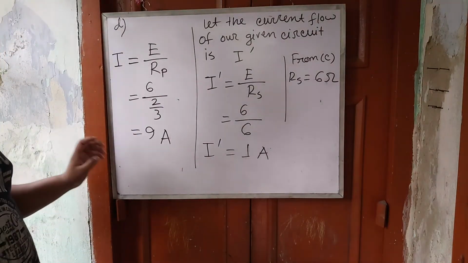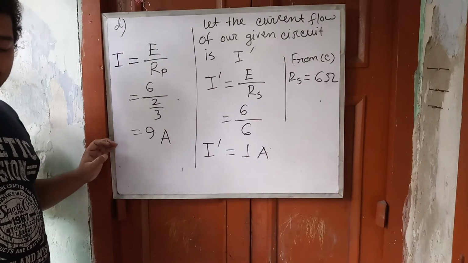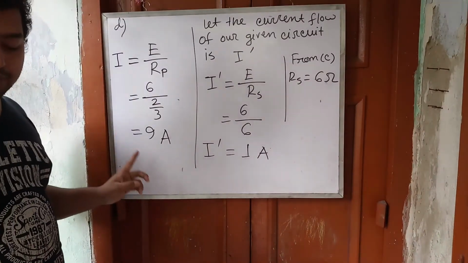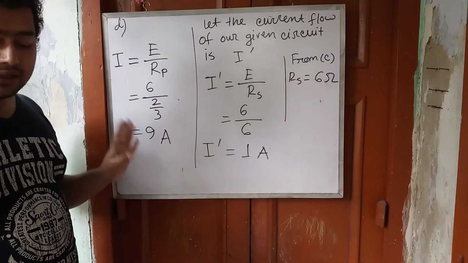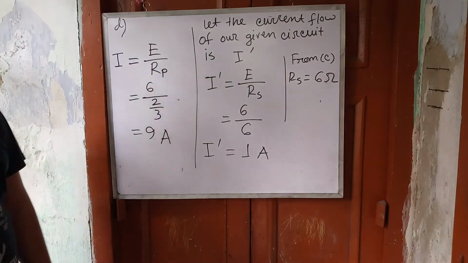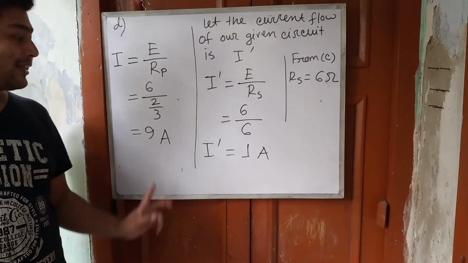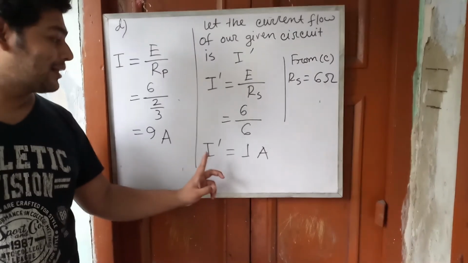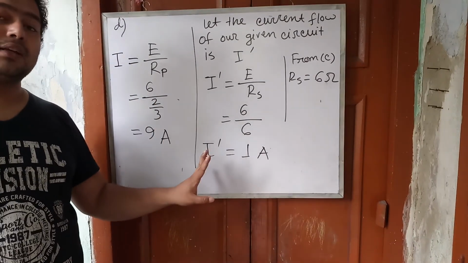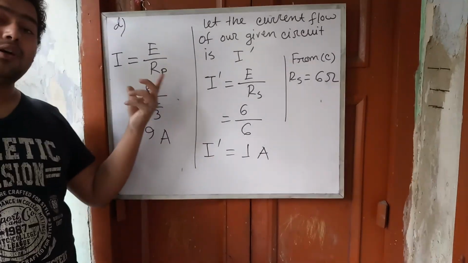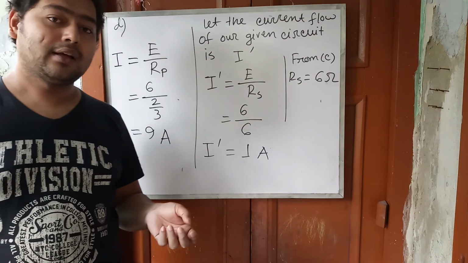So the current of the newly designed circuit is greater than that of the given circuit in the stem. And this is the solution of the question, Dhaka Board 2019.